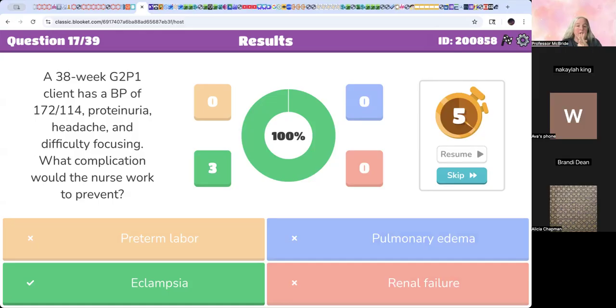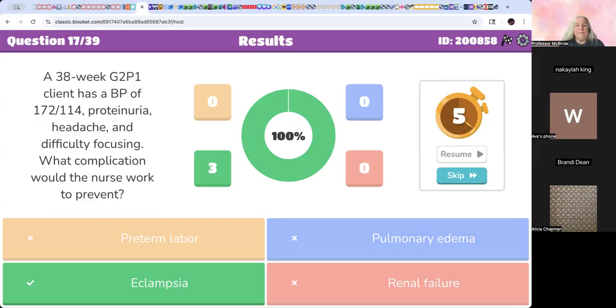What might we do to help keep her from having a seizure? Magnesium sulfate. Yep. What are some things that we're monitoring for? If we put her on magnesium sulfate, what do we need to watch for? Toxicity.